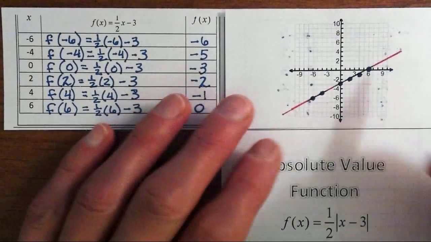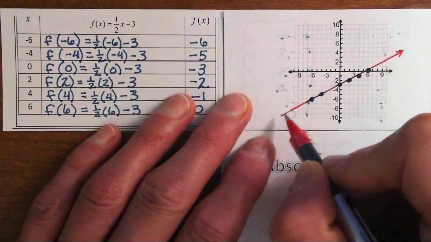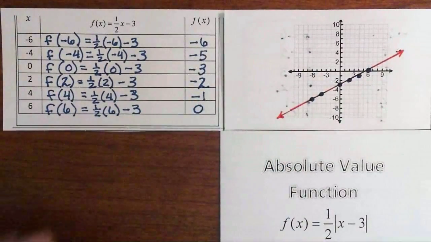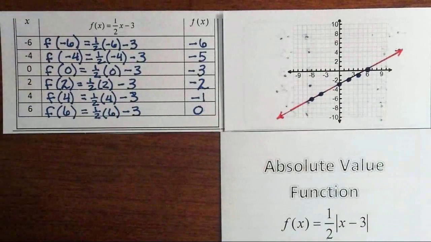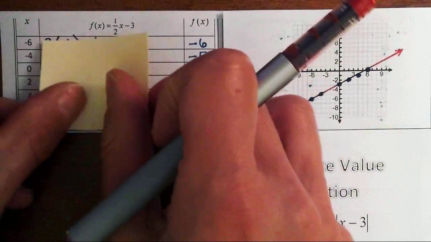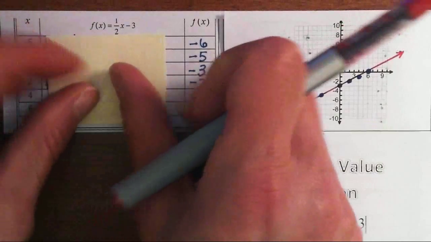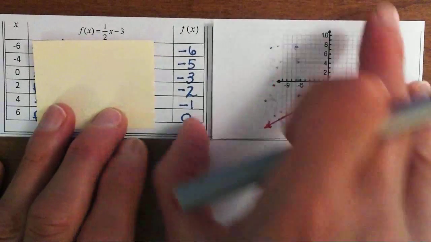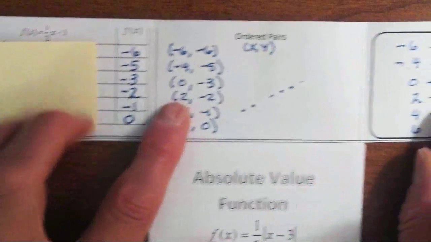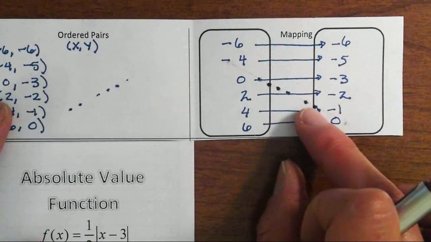So I have just expressed my input and my output in 4 different ways. Via table, if we were to ignore this center part right here, where we did our work, that would be our table. Through a graph, through ordered pairs, and through mapping.